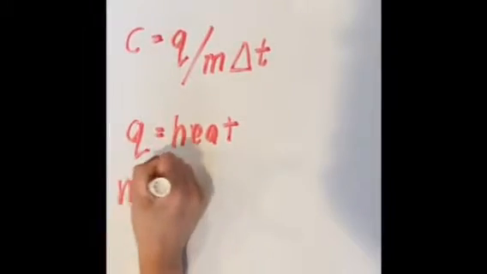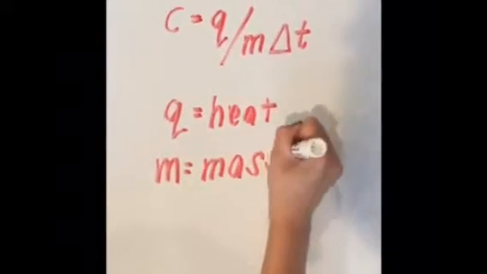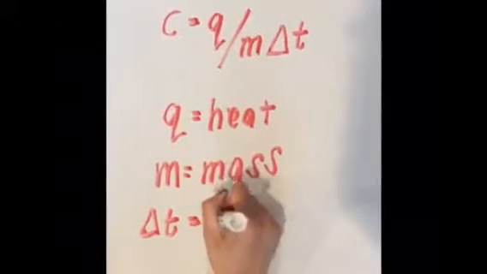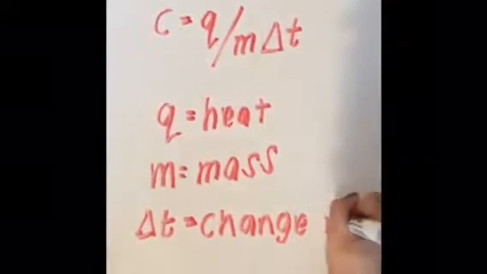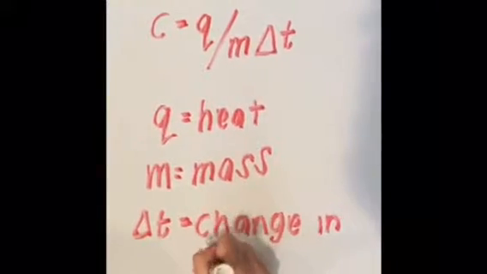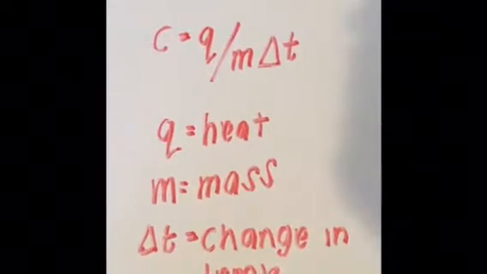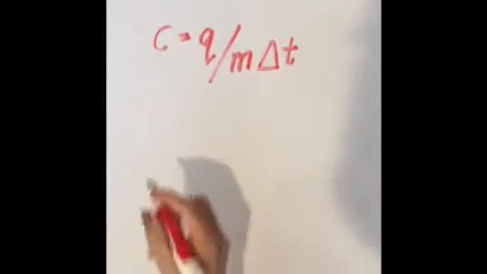The M equals the mass. And the delta T is the change in temperature. I'll show you what each of those equals to get the specific heat capacity.